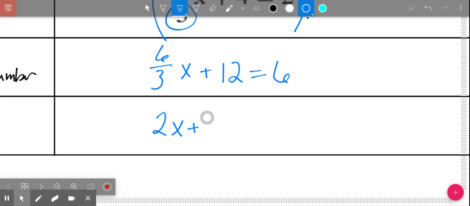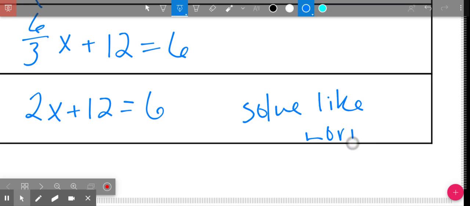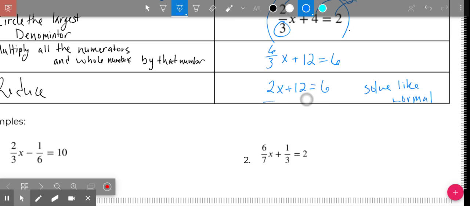And then 12 doesn't reduce, so plus 12 equals 6. Notice I don't have any more fractions. Okay, so now I can just solve like normal. And I am good to go. Okay, so after we get to here, we would just solve like normal. We're not going to solve that one, but the next two we will actually finish solving.